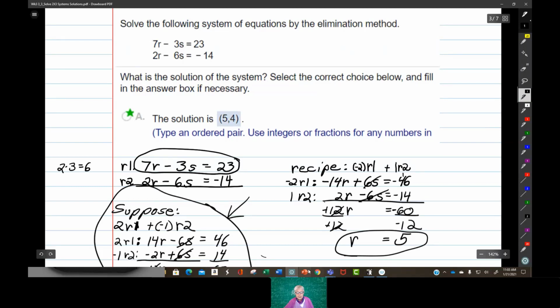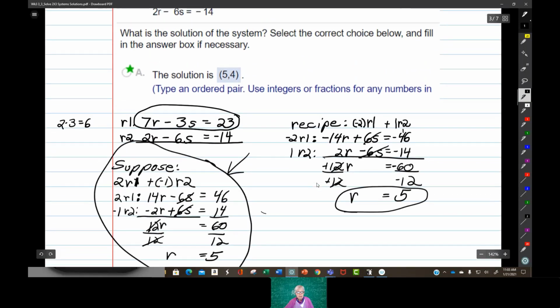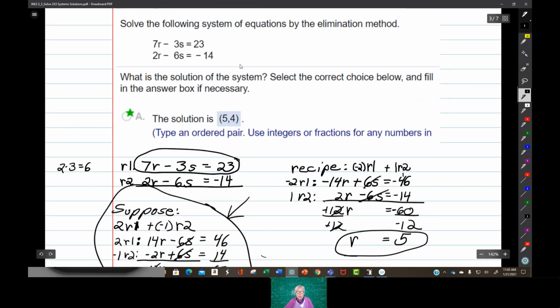Now that you have an answer, either way, you can go back to either equation and substitute 5 for R. Right, so this is going to be 10 minus 6S equals negative 14. And if I subtract 10, well, let's add a negative 10.